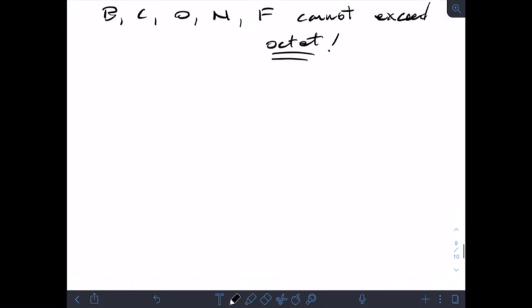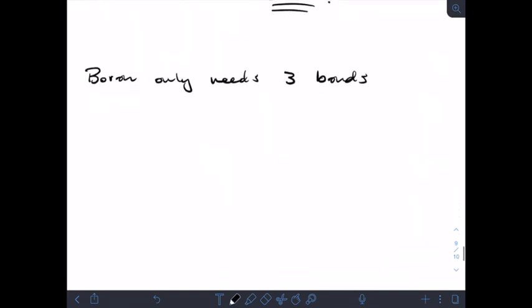Now, other exceptions, and there are a couple of them. One of which is boron. Boron only needs 3 bonds. It's perfectly happy doing 3 bonds, so in other words, a 6 instead of an 8. For example, boron trichloride is a very normal compound.